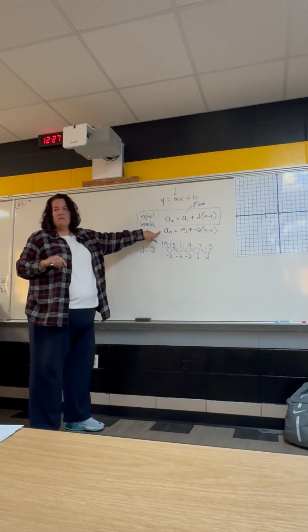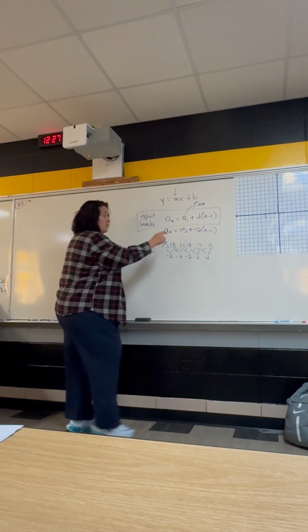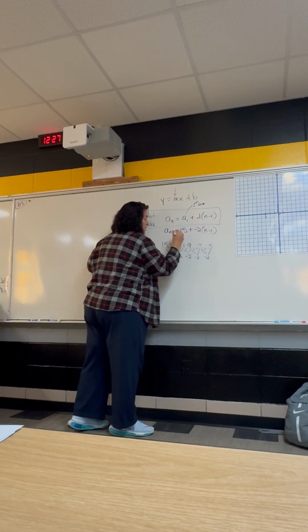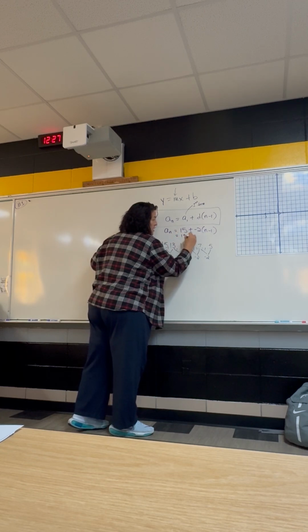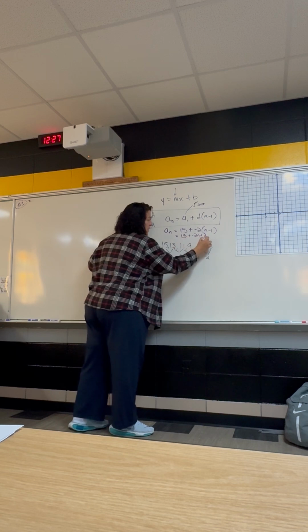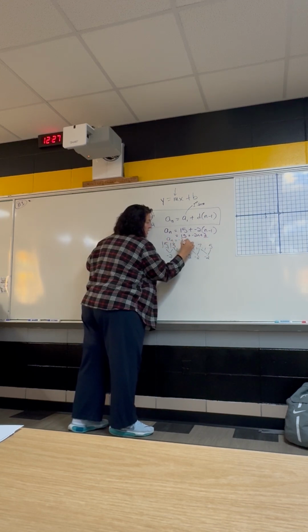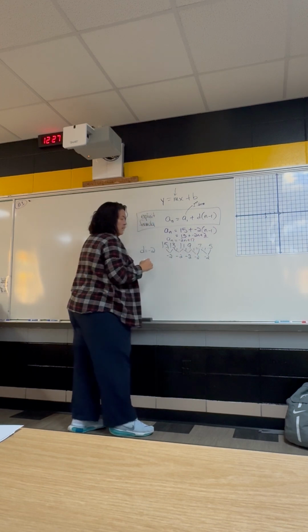Now, I don't want you to leave it like this because we can do some math. We can do the distributing here. So we've got 15 plus -2n plus 2. Combine my like terms. -2n plus 17.